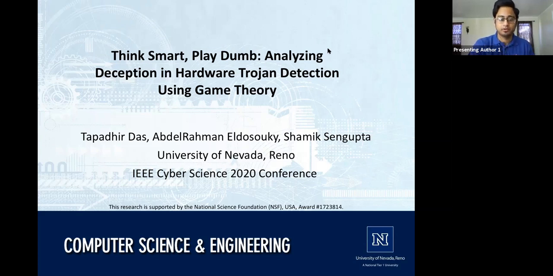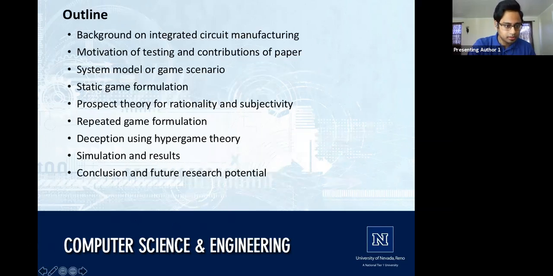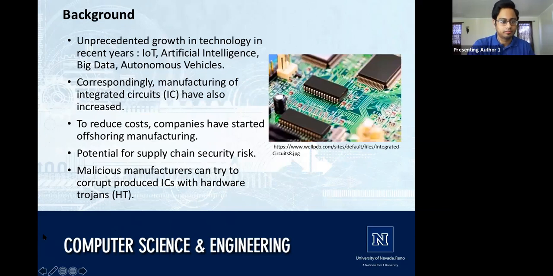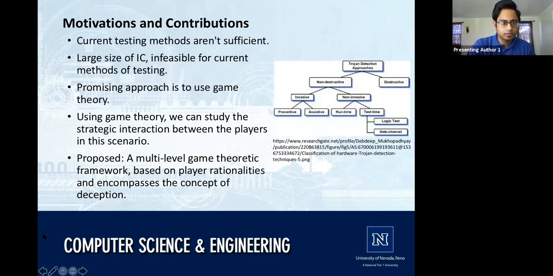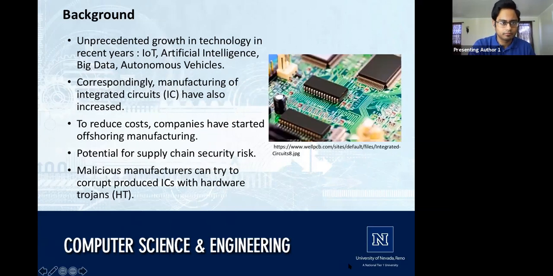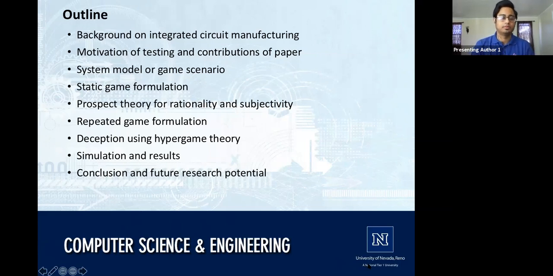So in this paper, first and foremost, I'm going to go over the background on integrated circuit manufacturing, along with the motivation for good testing resources. Then I'll talk about the contributions of this paper.